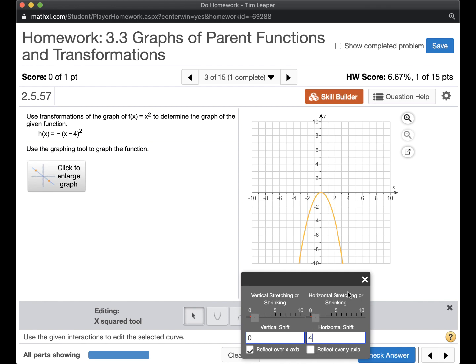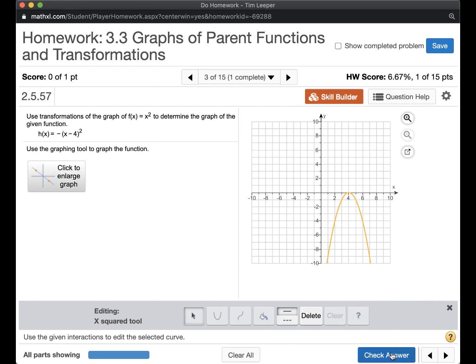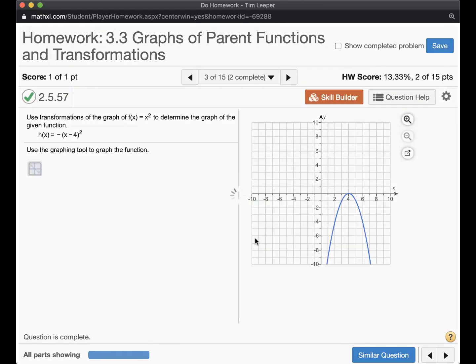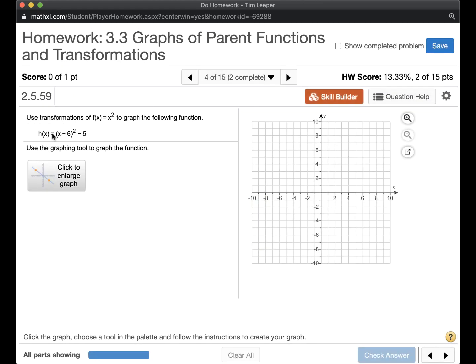Notice it doesn't really do anything until you click off of it. I'm going to click over here on vertical shift. And notice that it went 4 units to the right because it's plus 4. That's what we want because that's the opposite when it's on the inside. Excellent. Then I'll X off of that, and check the answer. Fantastic. Same thing here, and that's pretty much it.